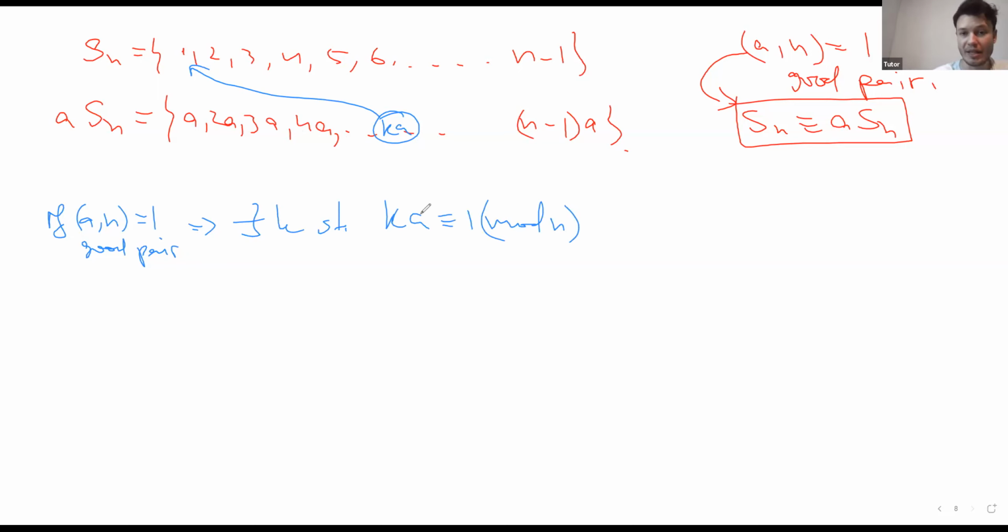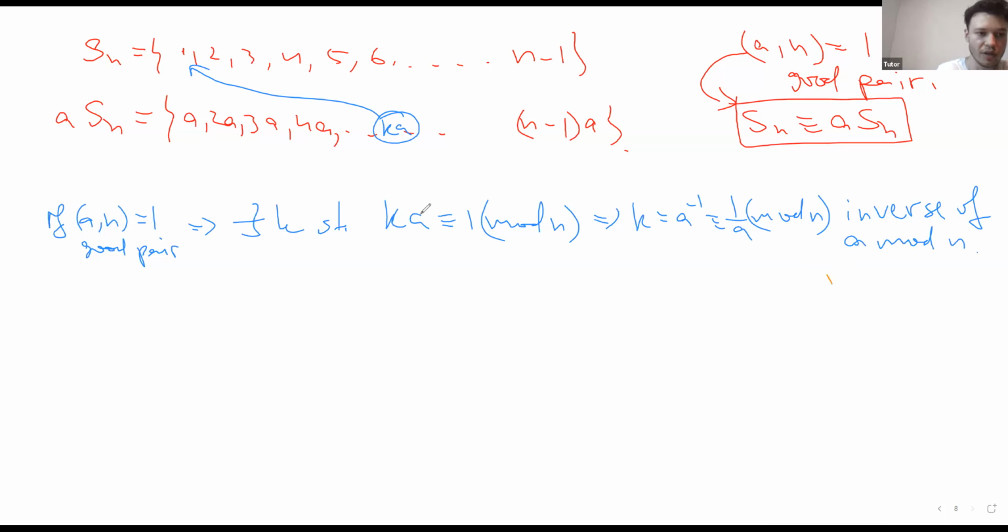And so K is the inverse of A. I can say that K is equal to A to the minus 1, which is equal to 1 over A mod n. It's called the inverse of A mod n. And another important detail: it's unique.